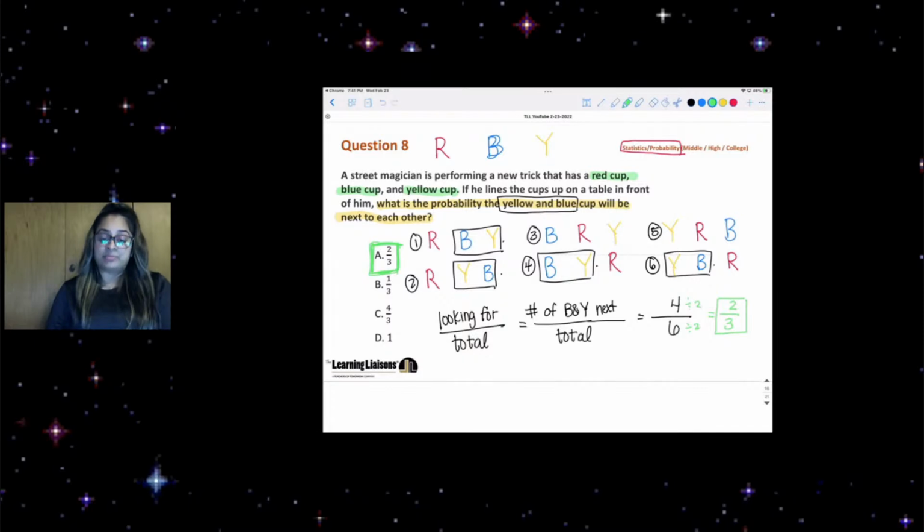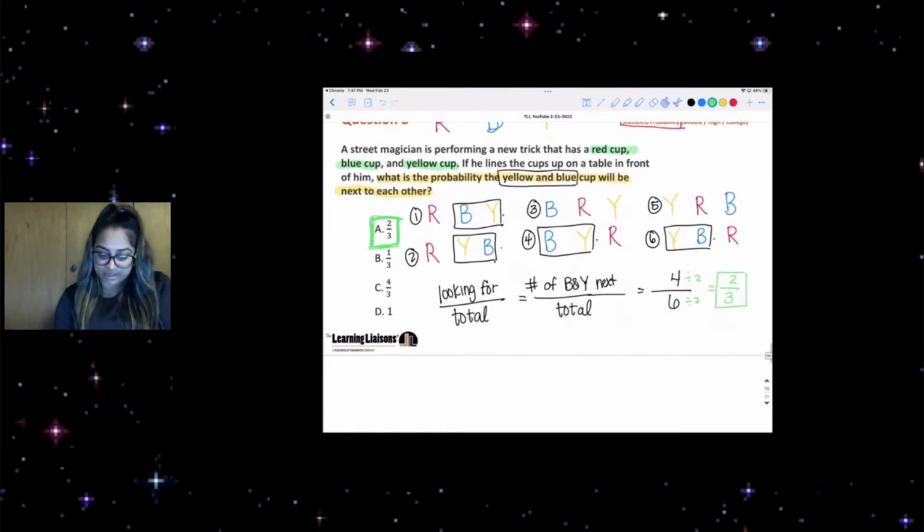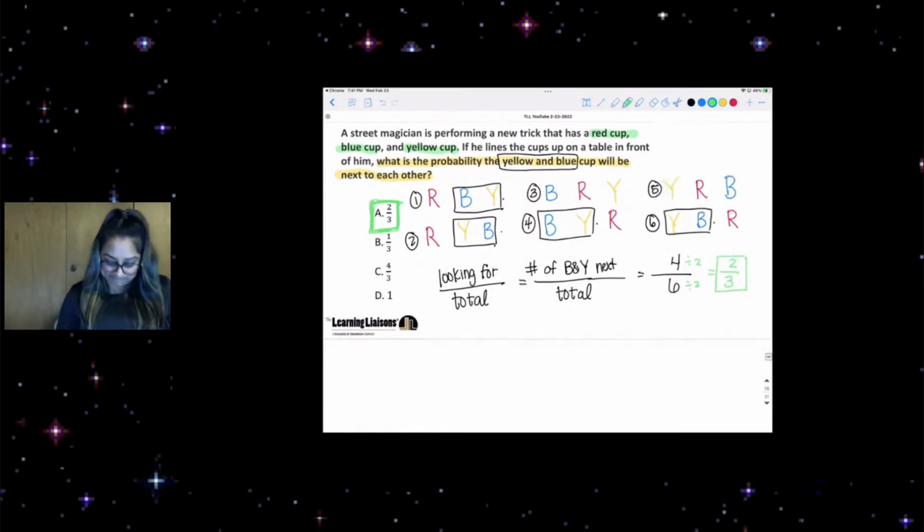Okay, remember, this problem didn't tell us specifically that we had to have yellow and then blue. But what if it did? What if it said yellow and blue in that order?